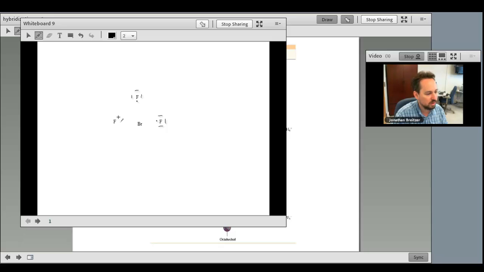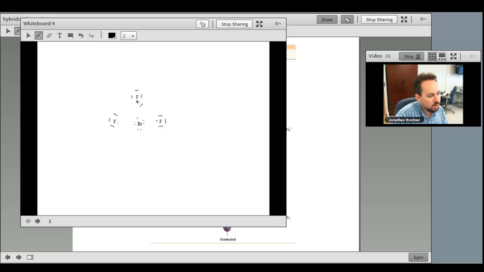Fluorine is in that row that doesn't get expanded. Remember, on your periodic table, boron, carbon, nitrogen, oxygen, fluorine, neon, these things are never expanded. And then for bromine, I'll just go ahead and draw 7 dots. Okay, so the bromine has 7 dots around it.